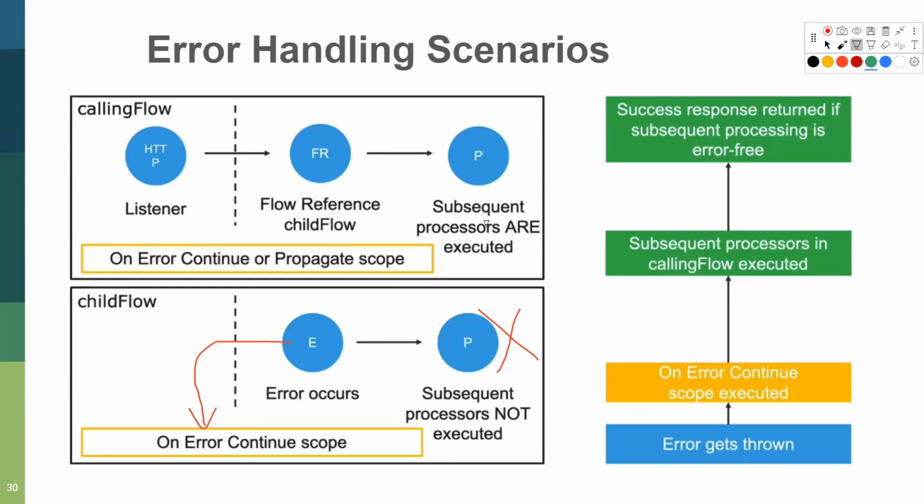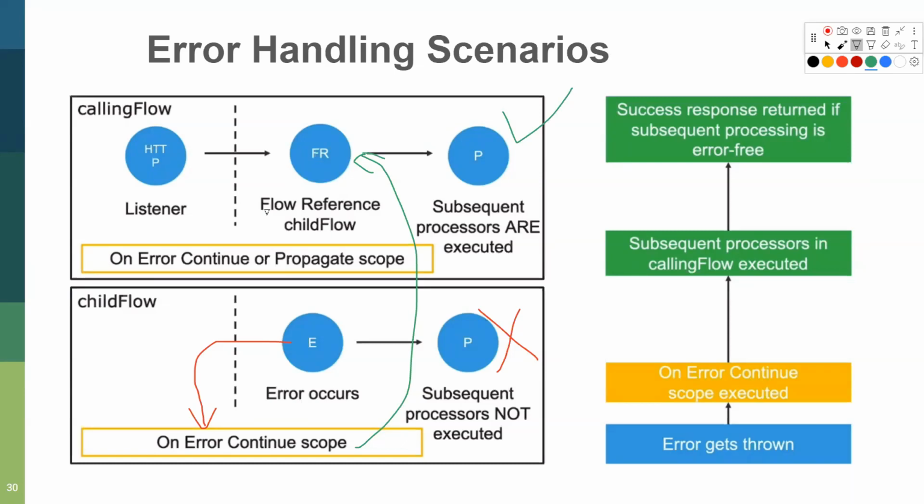However, we know the output from on error continue is success. So it sends this to the flow reference, and then the flow reference will continue as if nothing happened. So all the subsequent processors will get executed because the flow reference is getting success from the child flow.